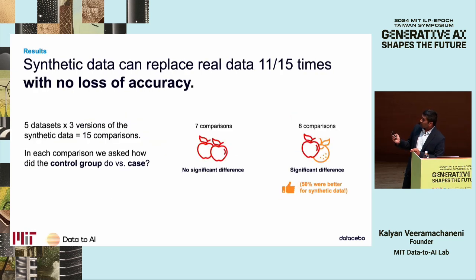So the result of this experiment at that time was that with 5 data sets that we used for 5 competitions and 3 versions, we had roughly 15 comparisons. In 7 comparisons, there's no statistical difference between the groups who worked on synthetic data versus the group that worked on real data. In 8 of those comparisons, there was significant difference, but 4 did better work on synthetic data.